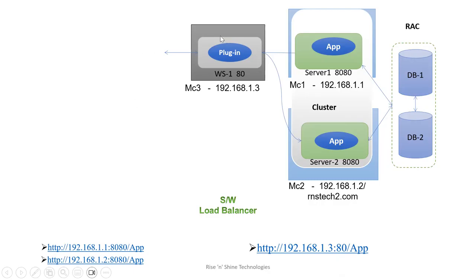Okay, so now the reverse proxy mechanism has been configured. That means by using the web server itself, we can configure a load balancer routing to the backend services. But now can we say this is high availability?